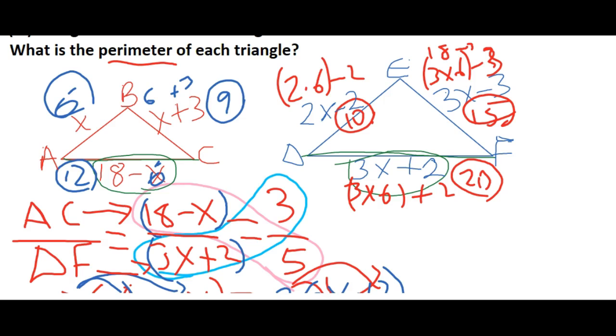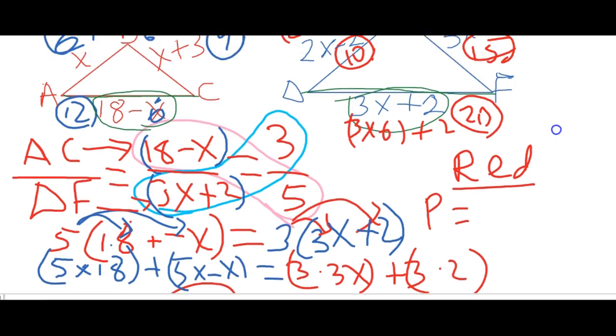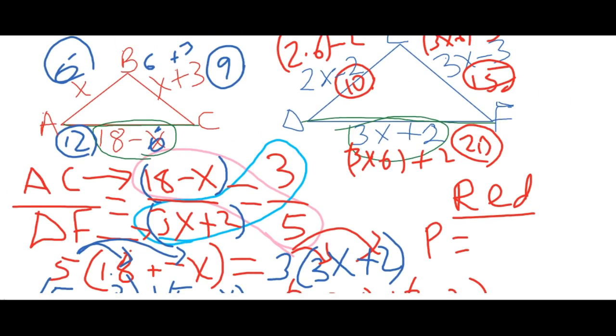So for the red one, the perimeter is 6 plus 9 plus 12, which is 27.